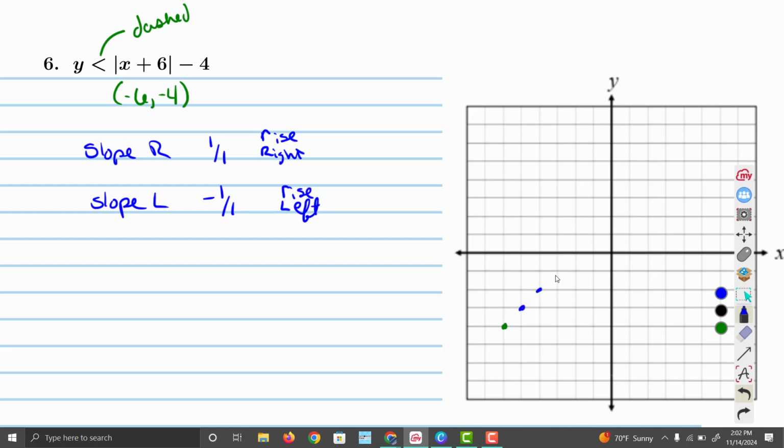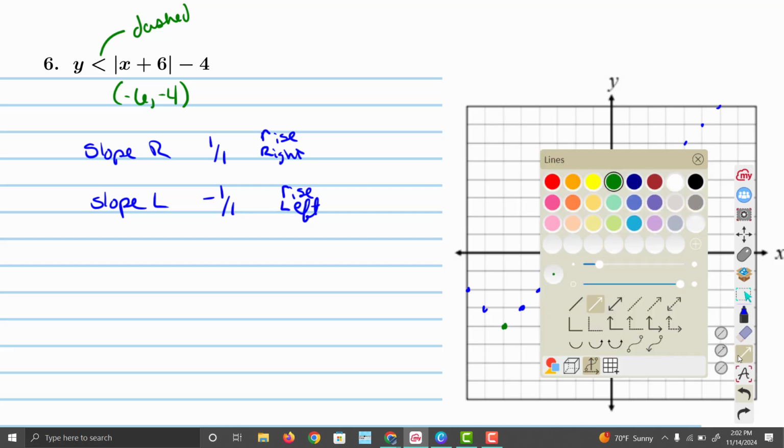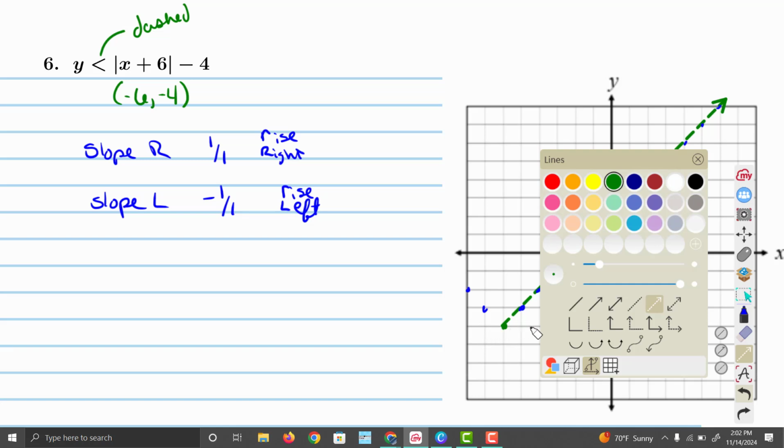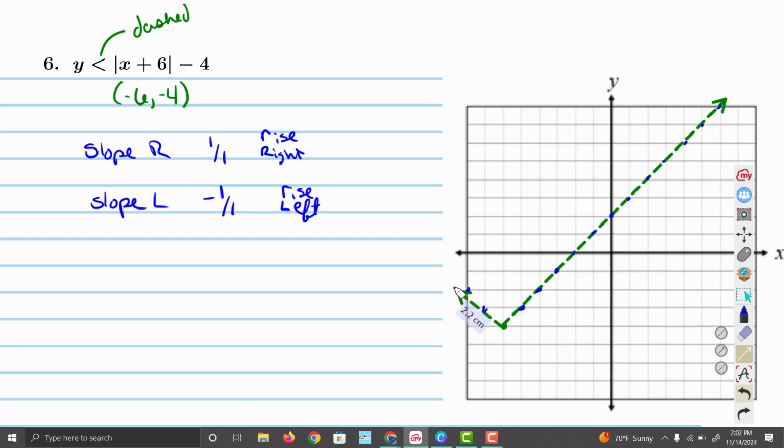So I'm going to go ahead and draw those points in so I can come back in with my line. This time my line needs to be dashed. So I need to make sure my line is dashed. As I go up to the left. And I'm going to go the same thing going up to the right.